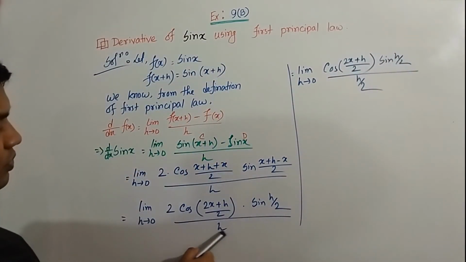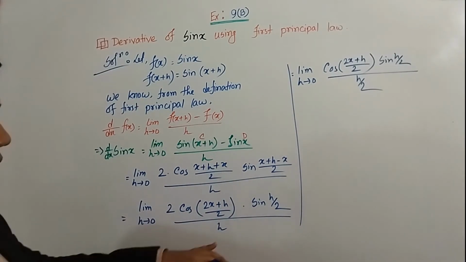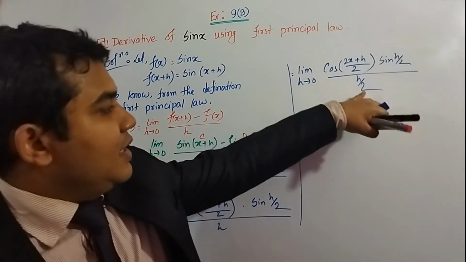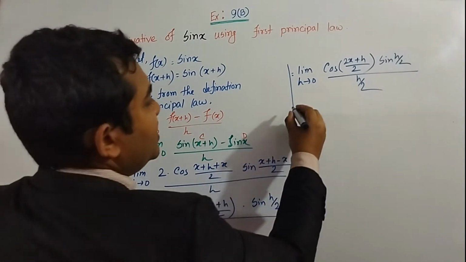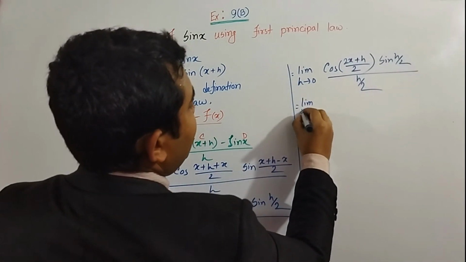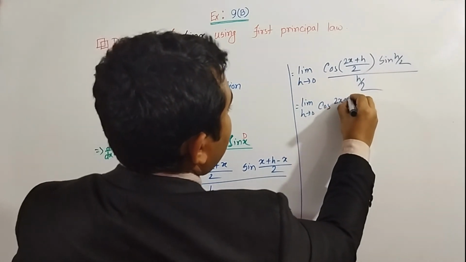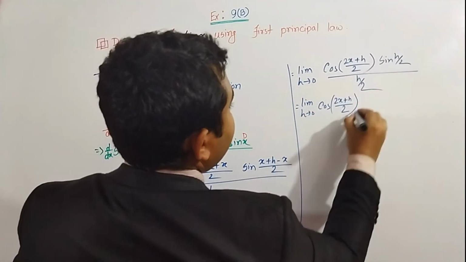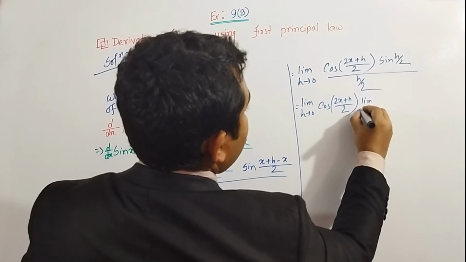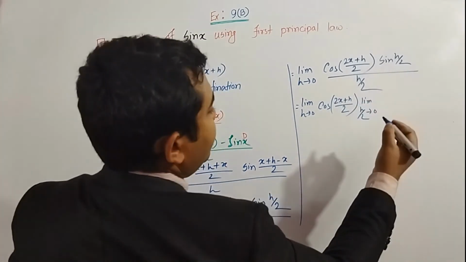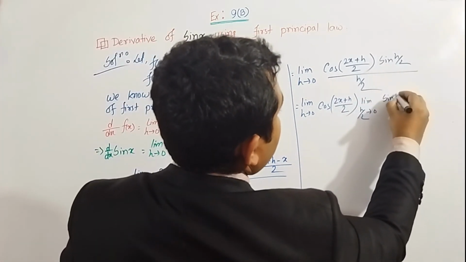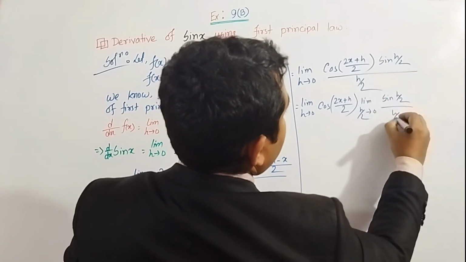Actually these two have what going here, that is h by 2. So if we make the limit separated, then we can write cos of (2x plus h) by 2 and limit h by 2 tends to 0, then sine h by 2 divided by h by 2.